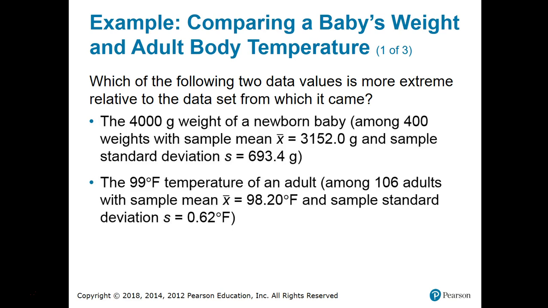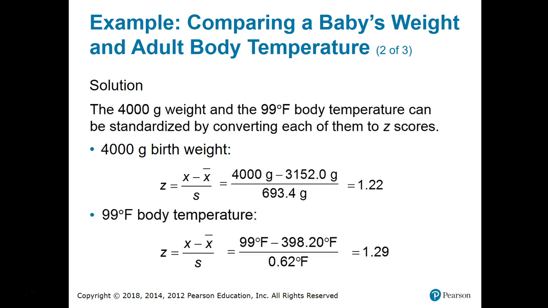A temperature of 99 Fahrenheit of adults, of 106 adults with a sample mean of 98.2 and a standard deviation of 0.62. Alright, so that looks good as well. The z-score for the baby is 1.22.